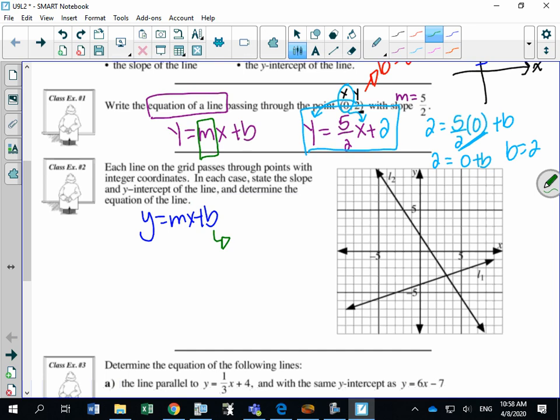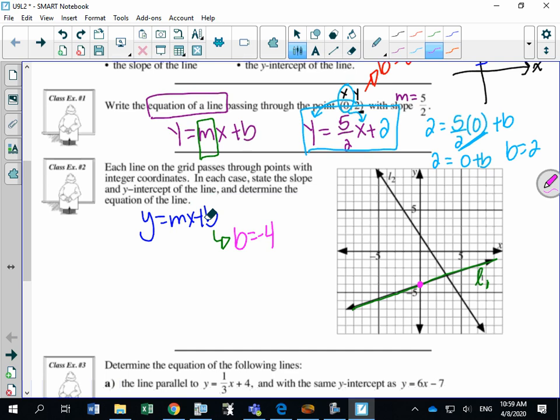This green line here is line 1. Where does this line cut the y-axis? It cuts it right there. So I actually know my b value. My b value is the y-intercept, which is -4. So now I could take out that b value and put in -4.